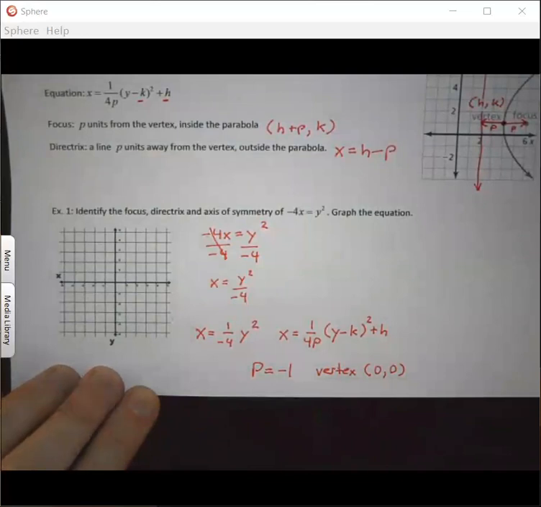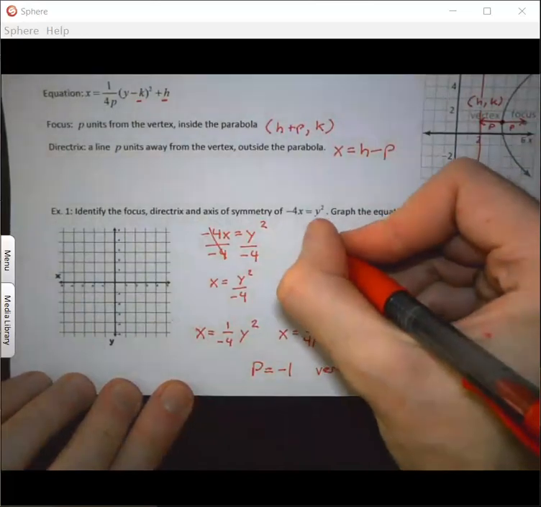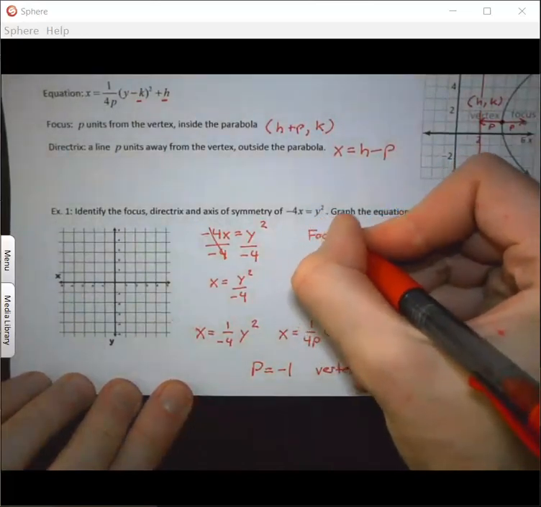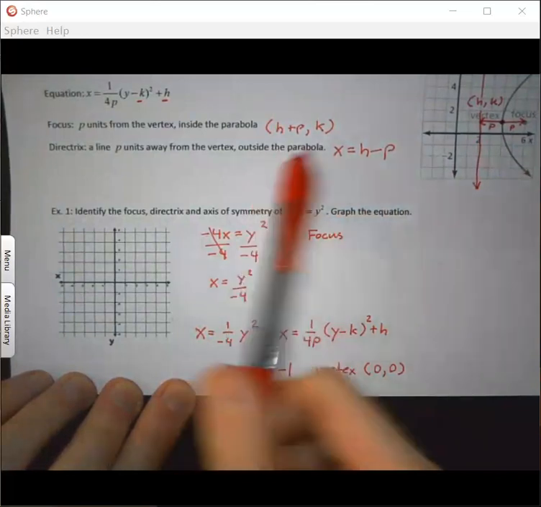So now that we know our vertex and we know the distance p, we can use that to find our focus, our directrix, then graph. We want to remember our focus for left to right.